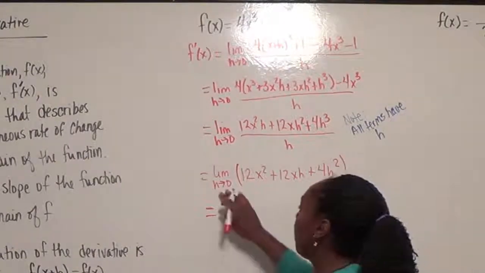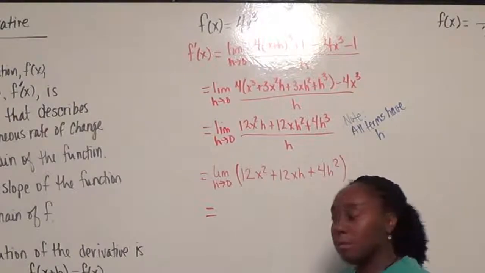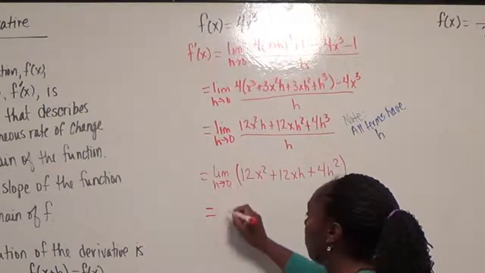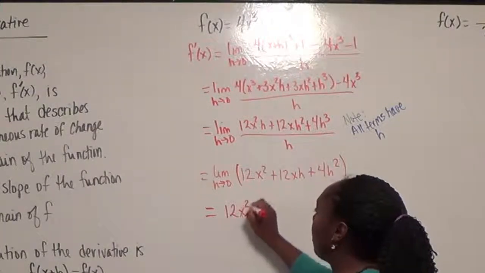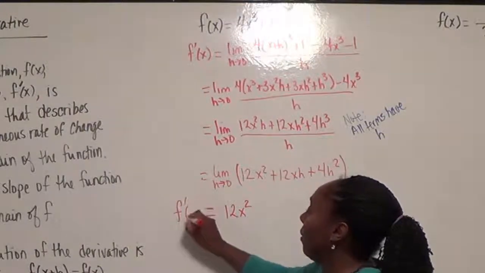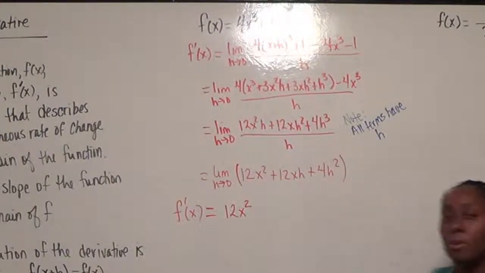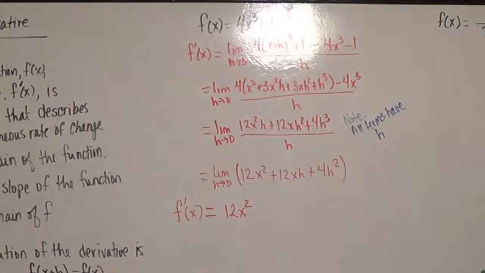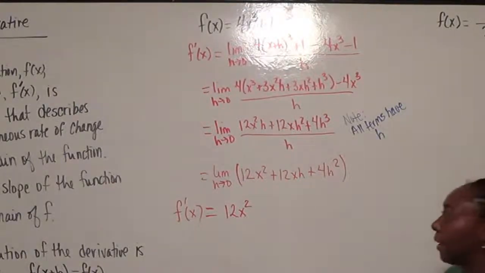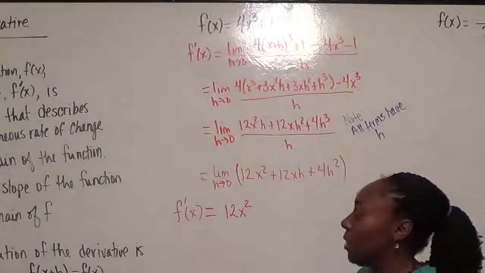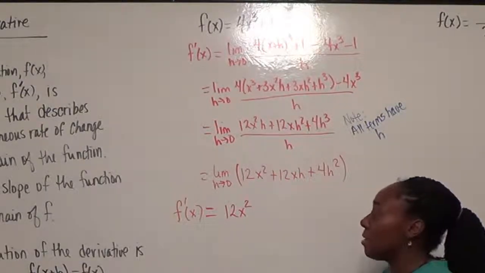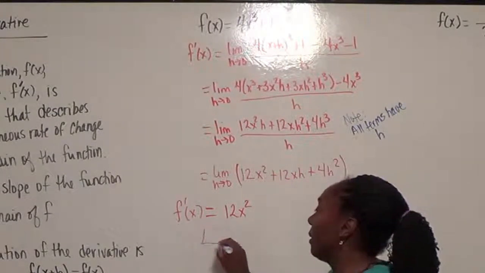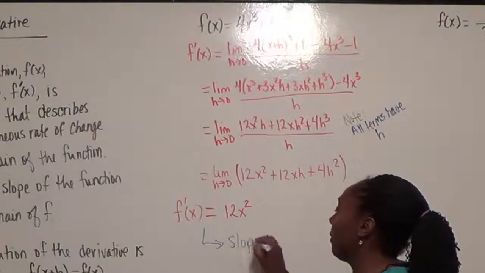So this tells me that I can just plug h in to my function, h being 0, and I'm just going to end up with a 12x squared. So there is my derivative for my particular function. Now again, what this derivative tells me is this is the slope of my curve.